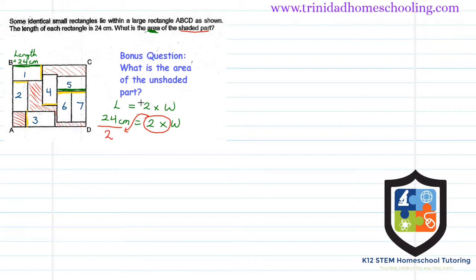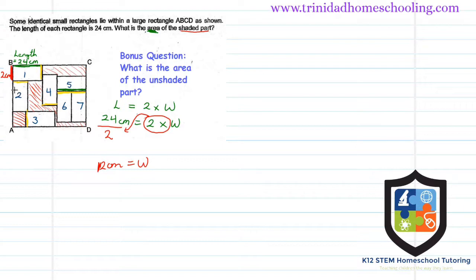Now if you're not sure what is happening here, take a look at our previous videos or go back to your notes and our previous lessons. So we will have the width being 12 centimeters. So we now know that the width of one rectangle is 12 centimeters.